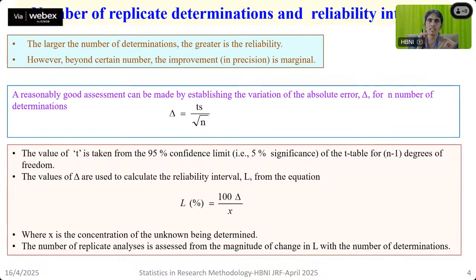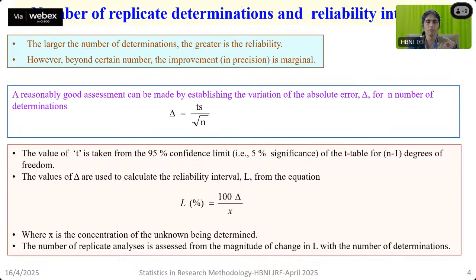So as the X values go on decreasing, the reliability interval increases. All our efforts are to minimize the reliability interval so that your true value will be lying in a narrower range compared to the measured value.